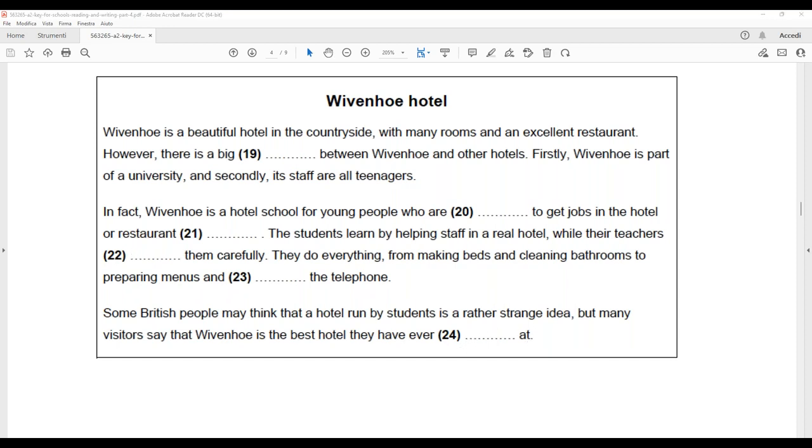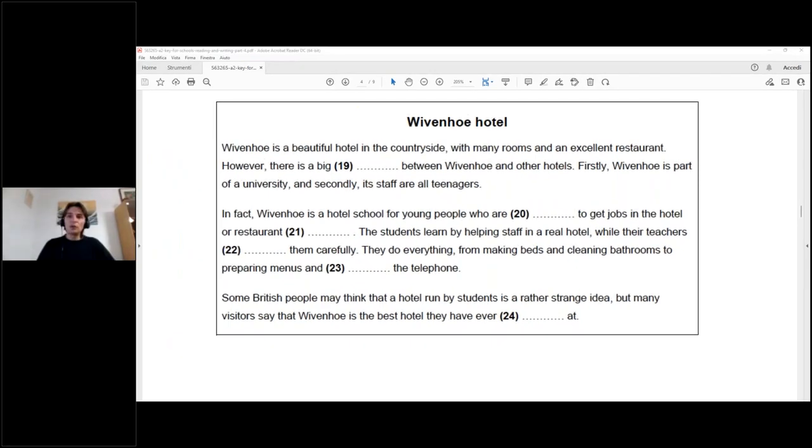So, what do I want to say with this? You should be able to think about some words to complete this text. There are 1, 2, 3, 4, 5, 6 words that you must find in order to complete the gaps.